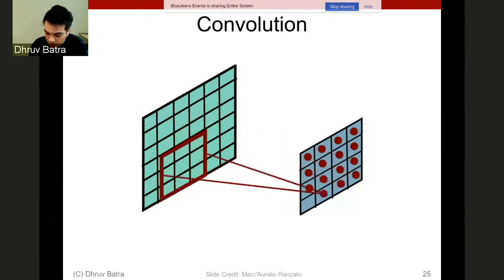I want you to notice that at the very end, we end up with this. There's one other placement where you place the filter at this location.